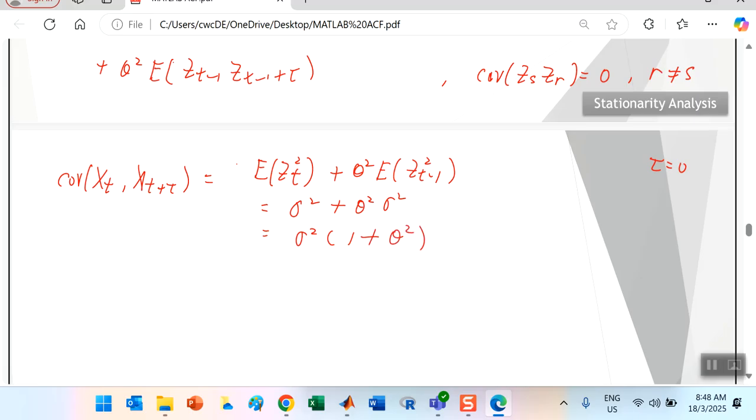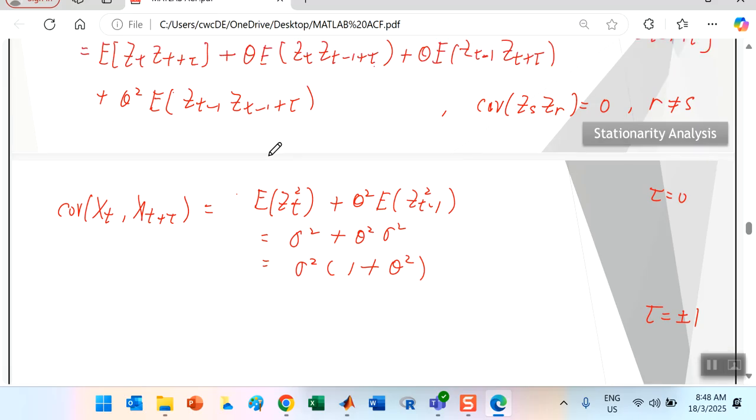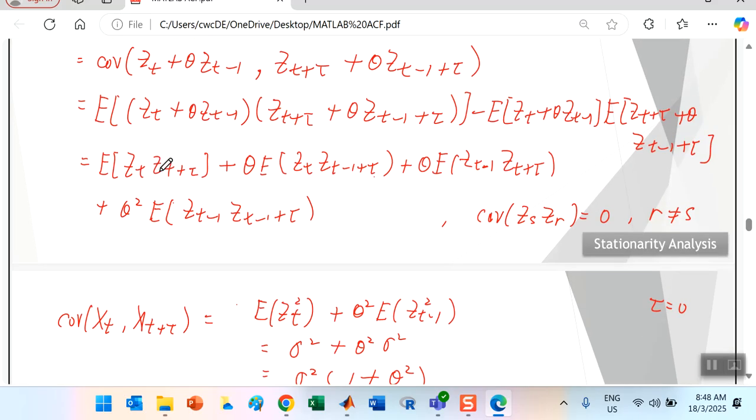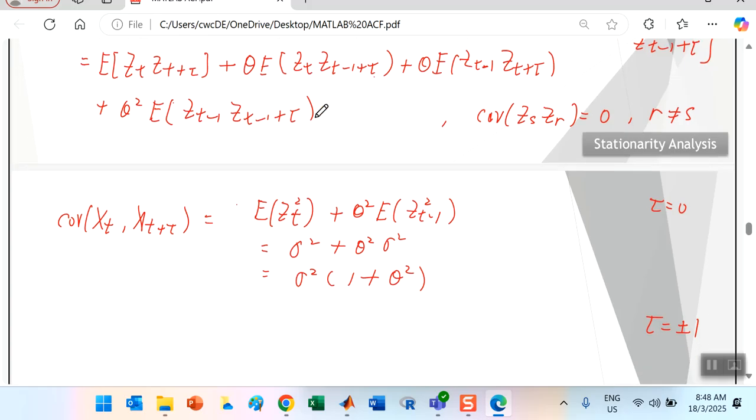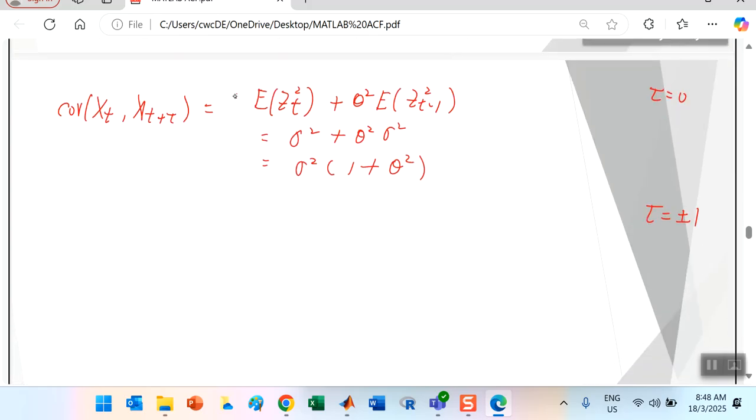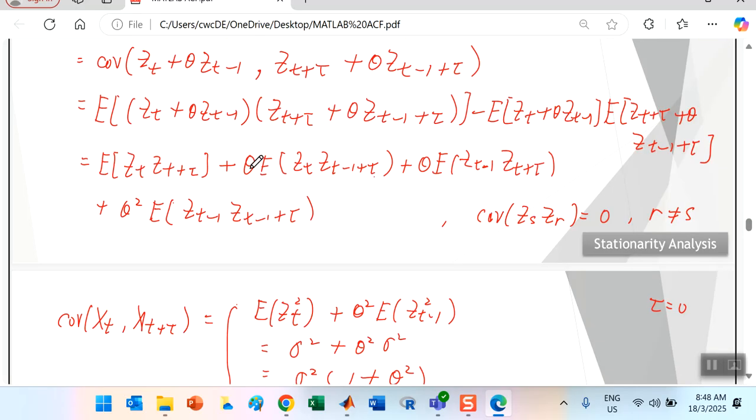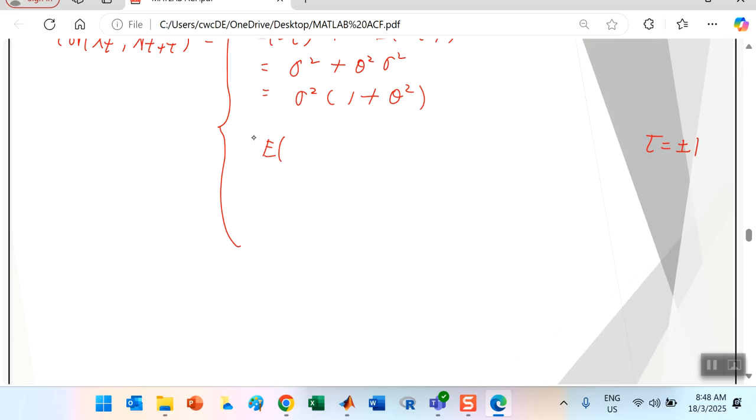Because the covariance function is an even function, plus or minus 1 should provide the same result. So let's use tau equal to plus 1. Then this term will be 0, and this will be the non-zero term, giving E of theta zt squared, which is theta E of zt squared.